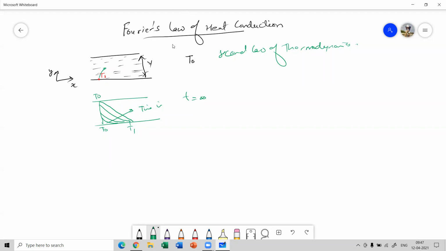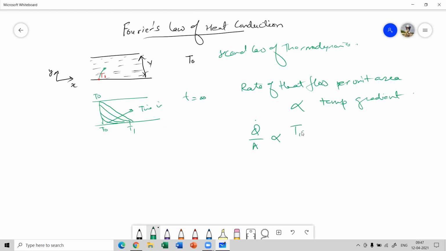Now, experimental studies at steady state indicate that the rate of heat flow per unit area is directly proportional to the temperature gradient, that is Q by A is directly proportional to T1 minus T naught by Y. If we remove this proportionality, we have a constant of proportionality which is called thermal conductivity.